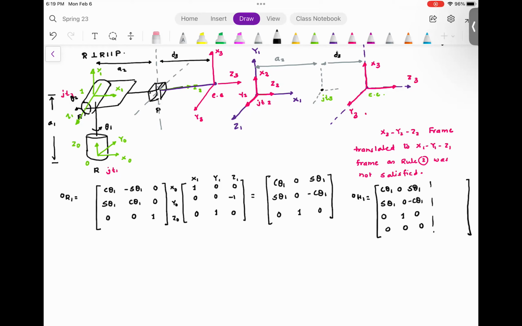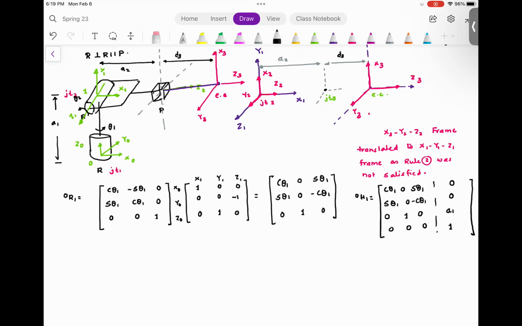Distance between frame 1 and frame 0 about y0. Distance between frame 1 and frame 0 about z0. So as you can see, here you have 0, and here you have a1. Then here, is everyone okay with 0h1?